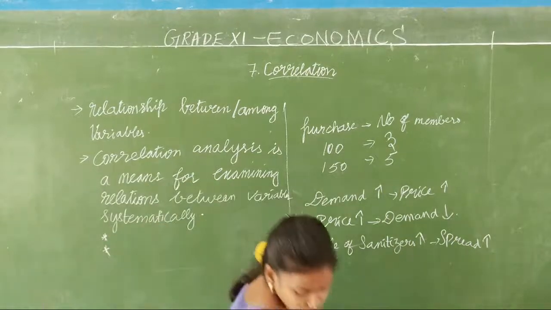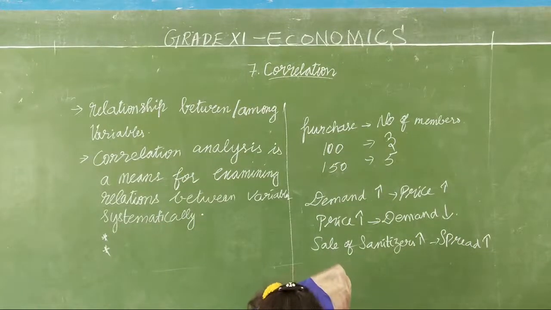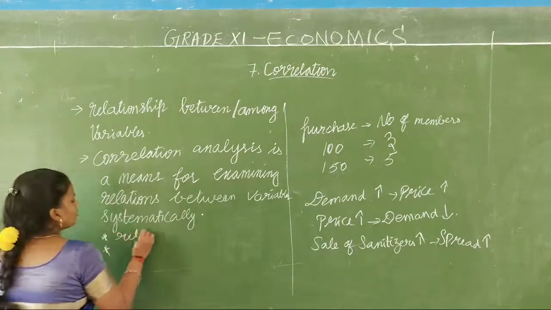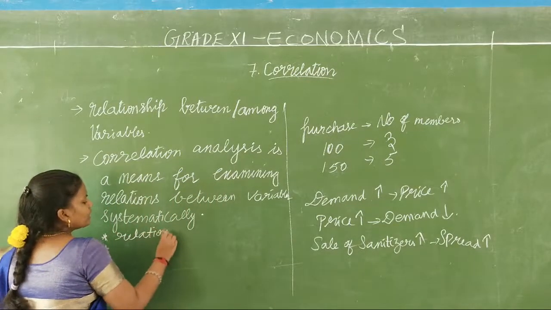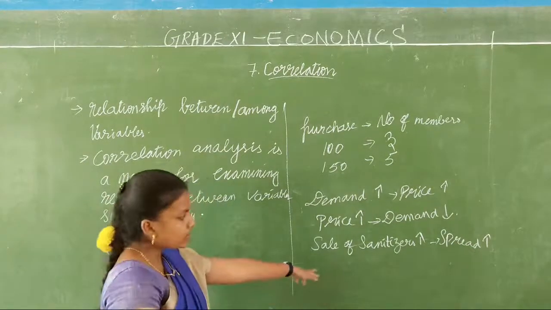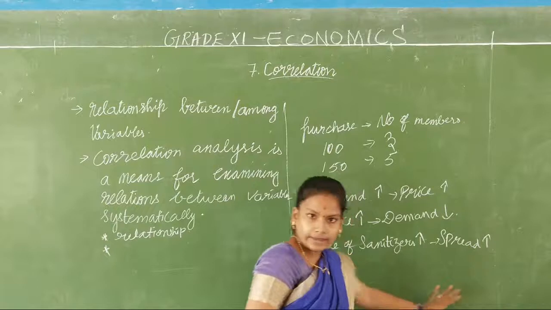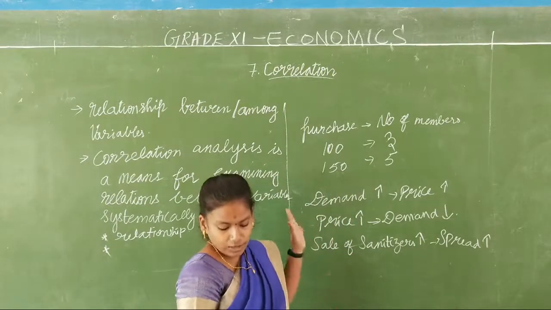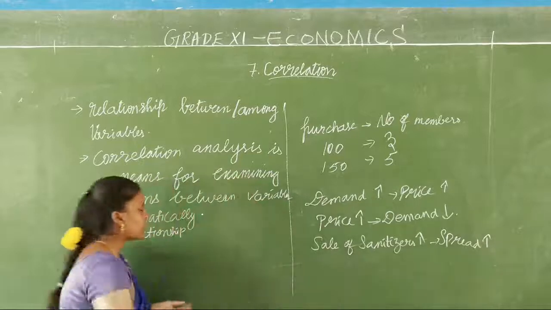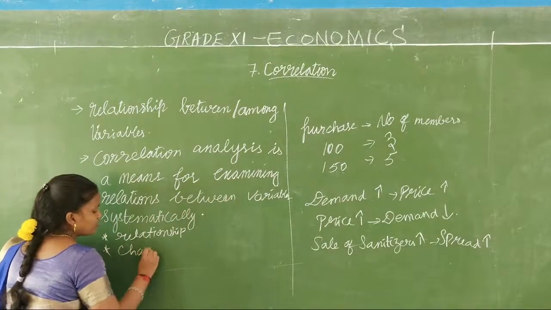What was the first question that we had, children? Is there any relationship between two variables? So the first question was about the relationship between two variables. If the value of one variable changes, does the value of the other also change? The second question is about the change.